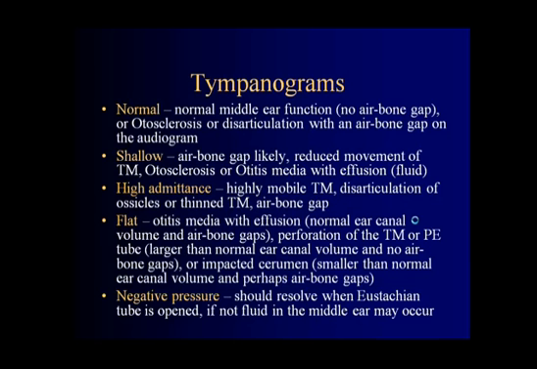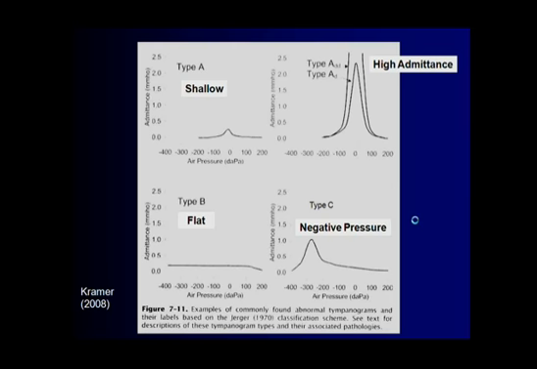And then a negative pressure peak on the tympanogram should resolve when the eustachian tube is opened. If not, then fluid in the middle ear may build up. So here's a figure from Kramer, figure 7-11, and here's some of the types of tympanograms we could see.